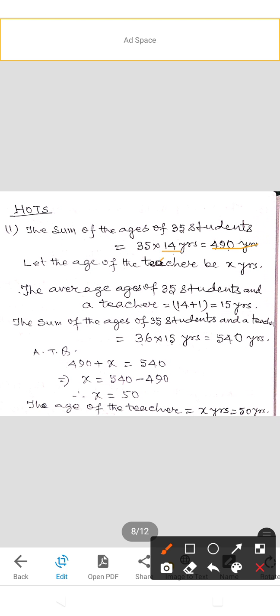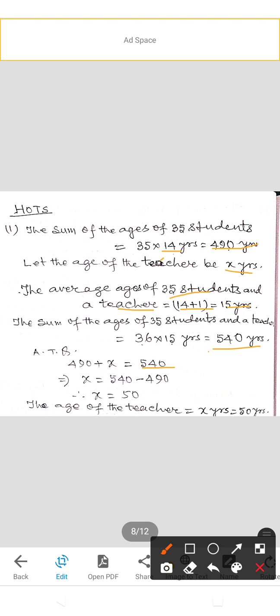Let the age of the teacher be x years. The average age of 35 students and a teacher equals 14 plus 1, that is 15 years. The sum of the ages of 35 students and a teacher equals 36 multiplied by 15, equal to 540 years.